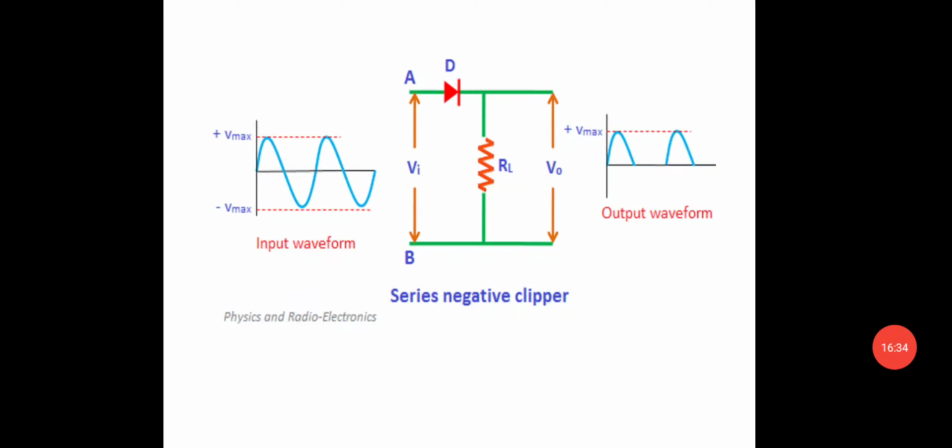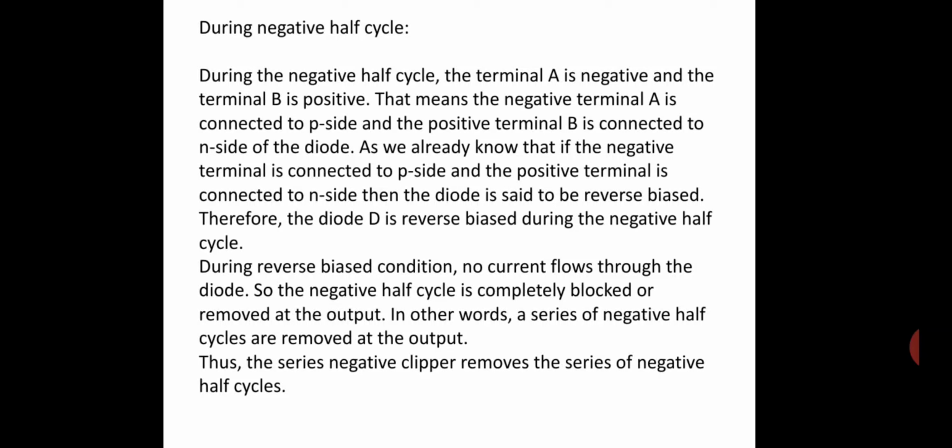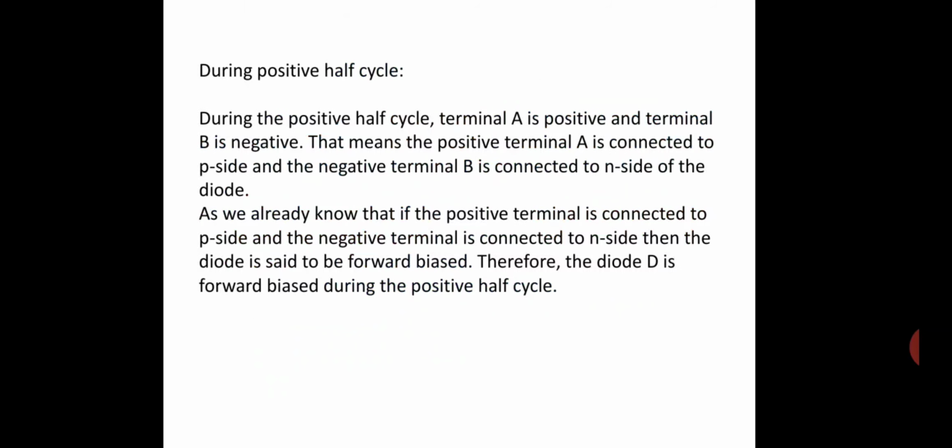So it's clear. During negative, the diode is always open and output is not received. In positive, the diode is always forward biased. In forward condition, the input is received at the output.